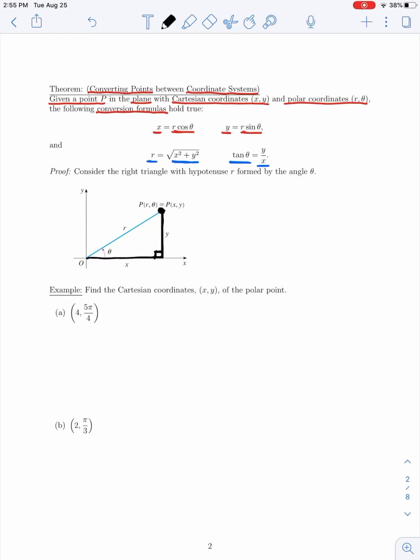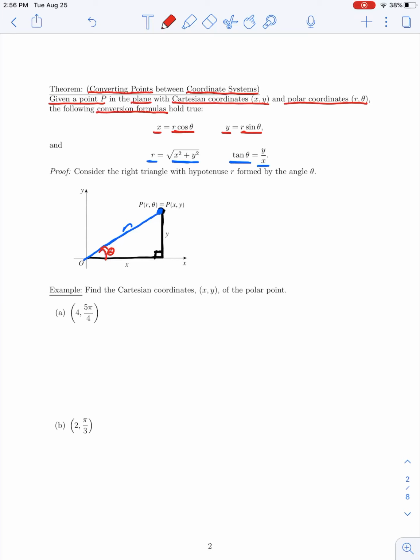Of course this forms a 90-degree angle. And we also have a representation in polar coordinates as r, the distance we've moved from the origin outward to our point, and we have an angular coordinate of theta. So of course this is the same point.